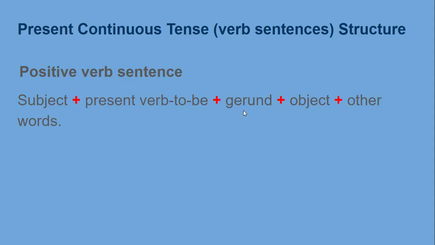Now we need the verb that ends with ing, the gerund, to indicate that this is a continuous tense. Any sentence that is a continuous tense must have a verb that ends with ing, must have a gerund.